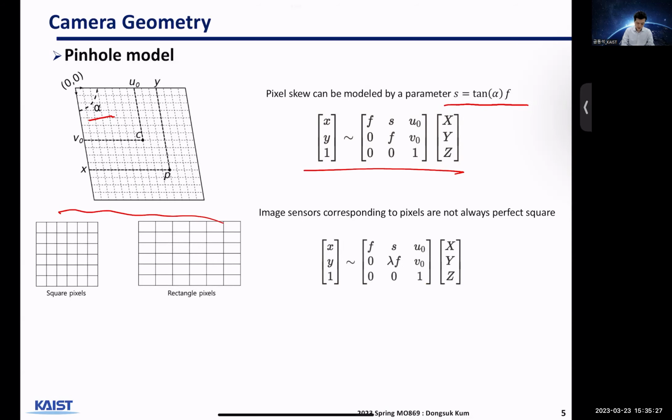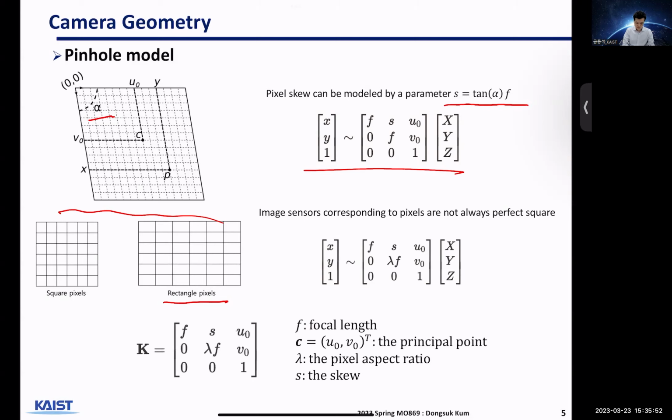And then the next consideration would be non-perfect, non-square pixels. We may have pixels that are rectangular in shape. Then we need to take that into account also, and that is introduced by this lambda value.